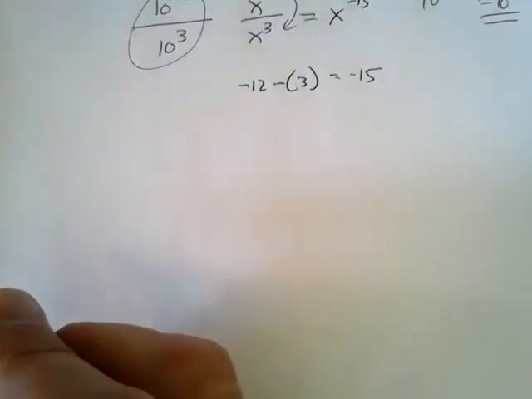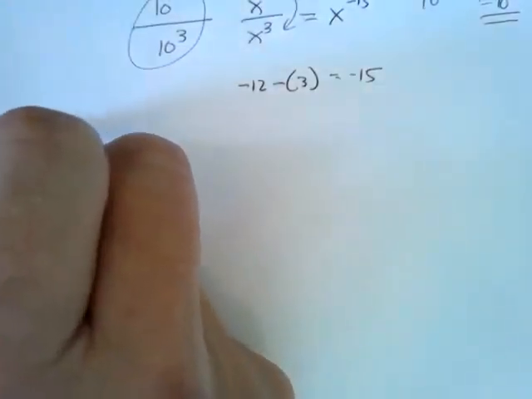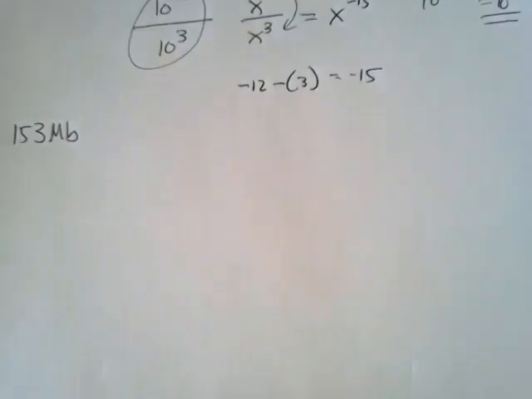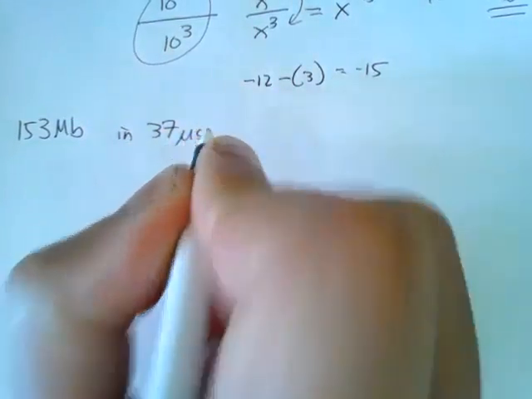So imagine that a computer could process, let's say, 153 megabytes of information in 37 microseconds.